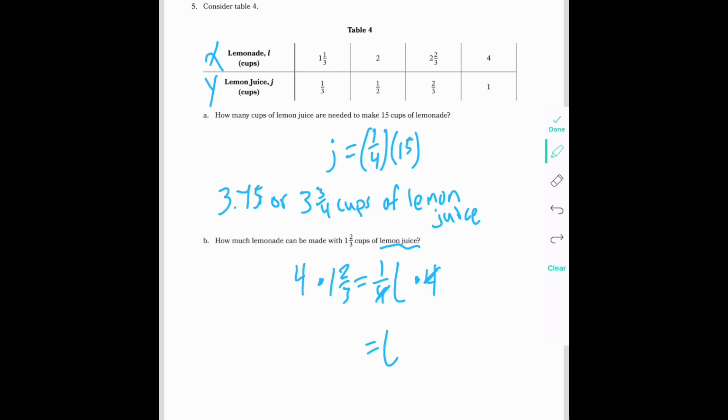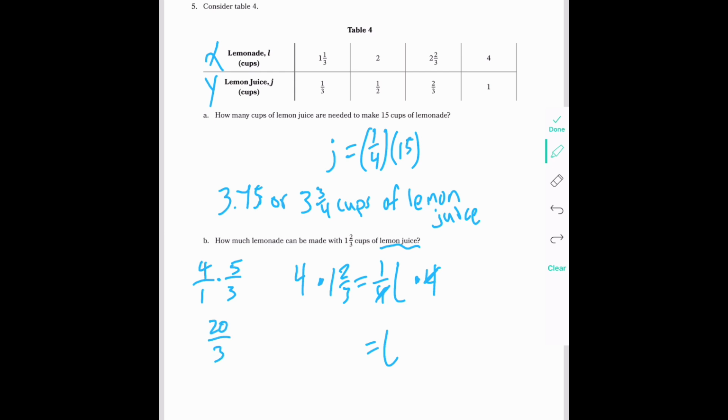So now to multiply this times 4, I will put 4 over 1, change the mixed number to an improper fraction. 1 times 3 is 3 plus 2 is 5 over 3, times each other. That would equal 20 over 3.